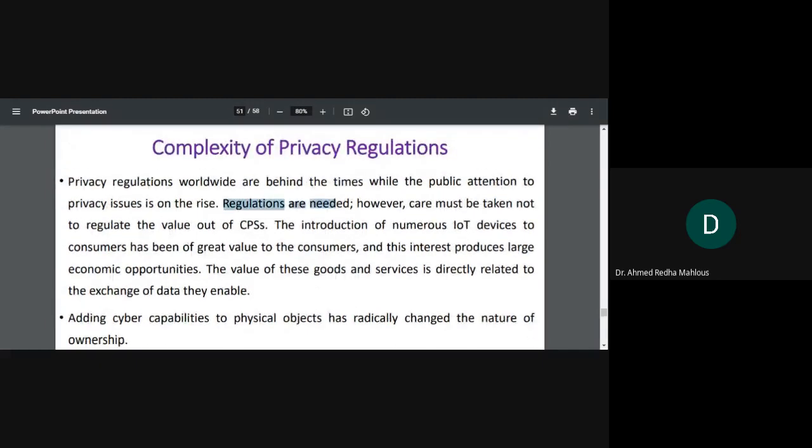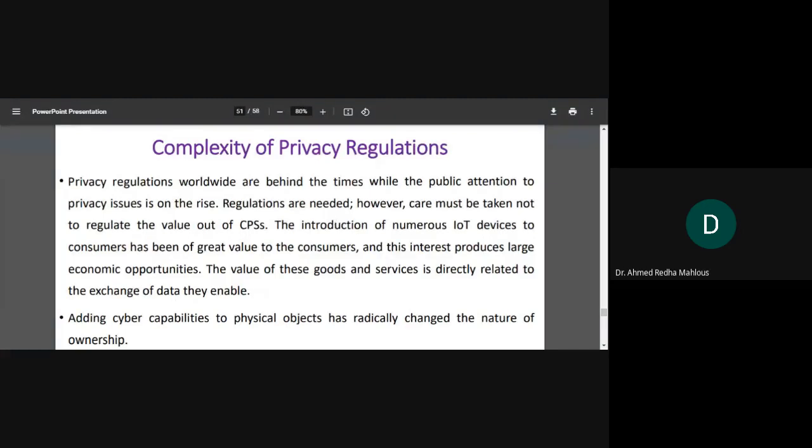Of course, we need regulation. However, care must be taken not to regulate the value out of CPS, which means sometimes deciding whether to listen to the people who have raised an issue about their privacy, and balance that with the regulation itself.